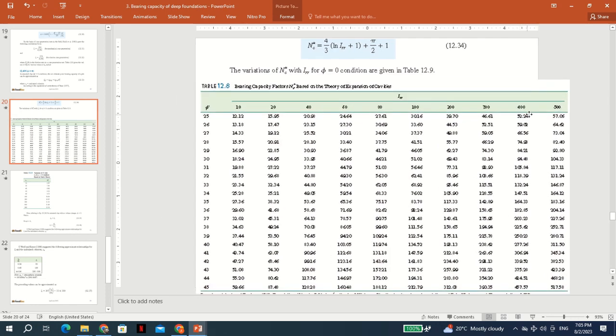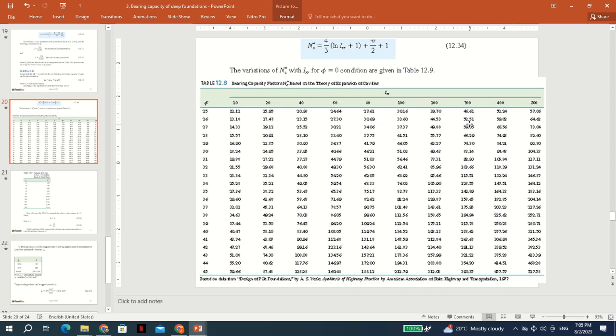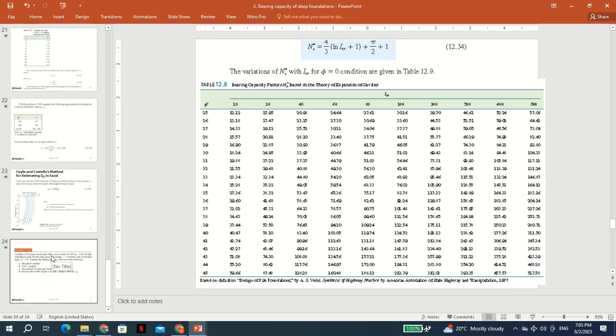If you are really looking for more information, go to any advanced foundation book. You should be able to find more information.